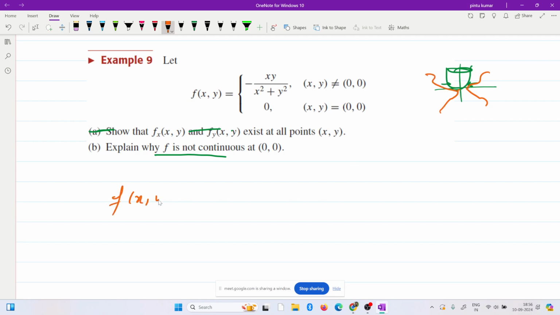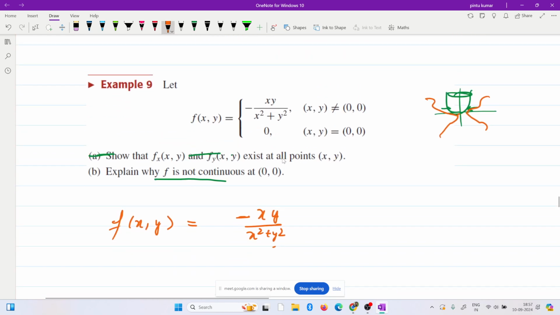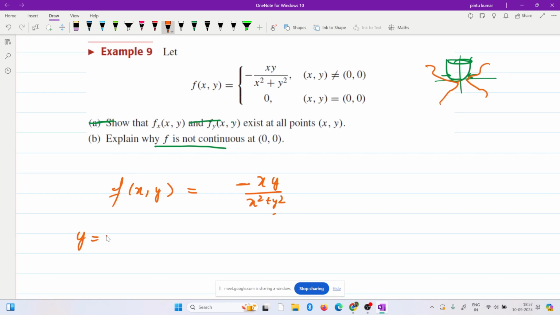So f(x, y) is given as minus xy divided by x squared plus y squared, right? Let's say we approach (0, 0) via the line y equals x. The line y equals x passes through (0, 0), so we can come to this function via this line. So what would happen? The limit as y tends to x of minus xy divided by x squared plus y squared.